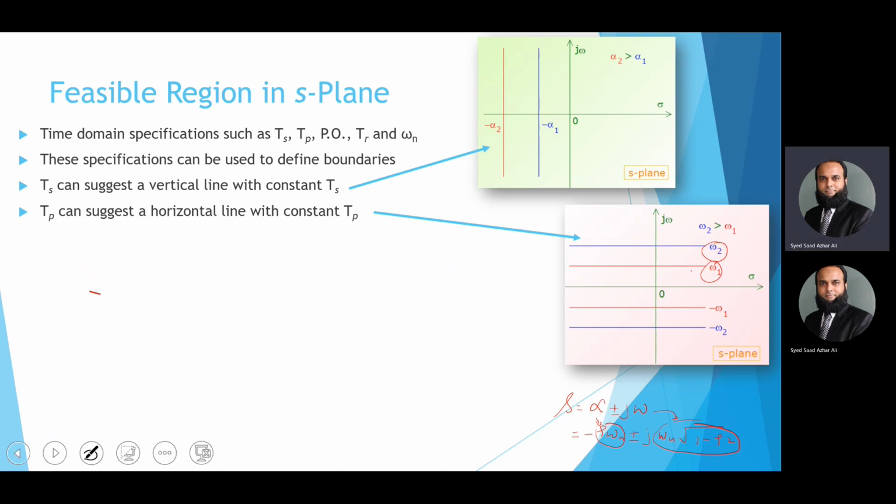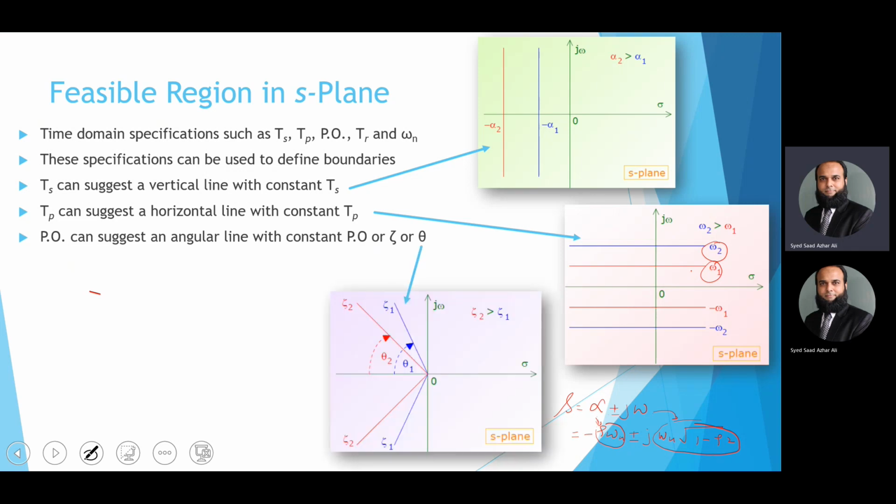Then we have percentage overshoot, which suggests angular lines. Percentage overshoot represents a particular zeta, and that represents a particular theta, as you can see in these lines. On one of the red lines, the percentage overshoot will remain the same because the angle is the same, so the zeta is the same, and the percentage overshoot is the same.